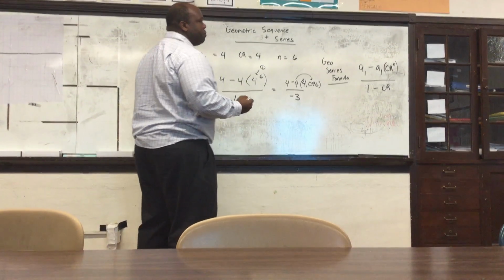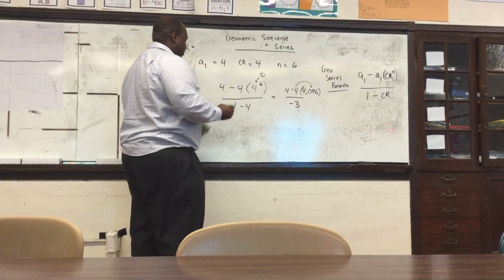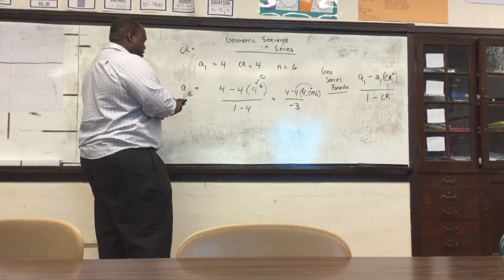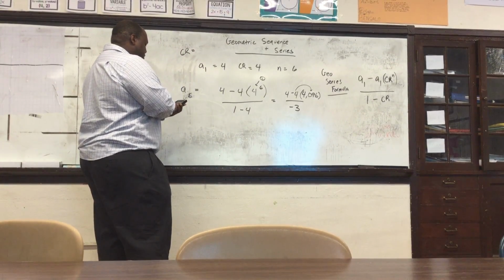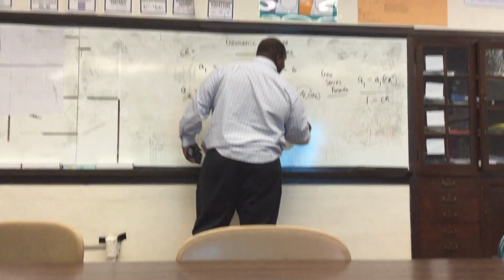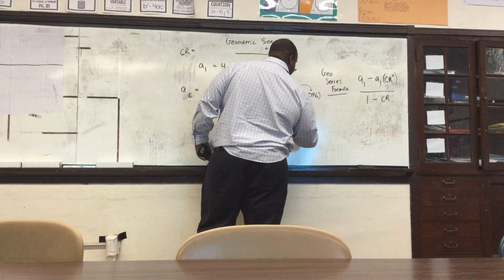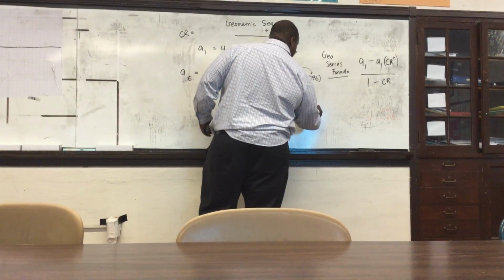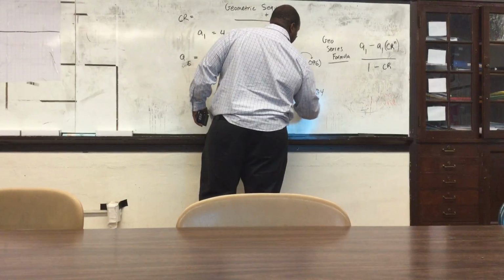Then I'm going to minus that from 4 as well. So I'm going to take 4,096 and multiply it by 4, and that's going to give me this value. 4 minus 16,384 over negative 3.